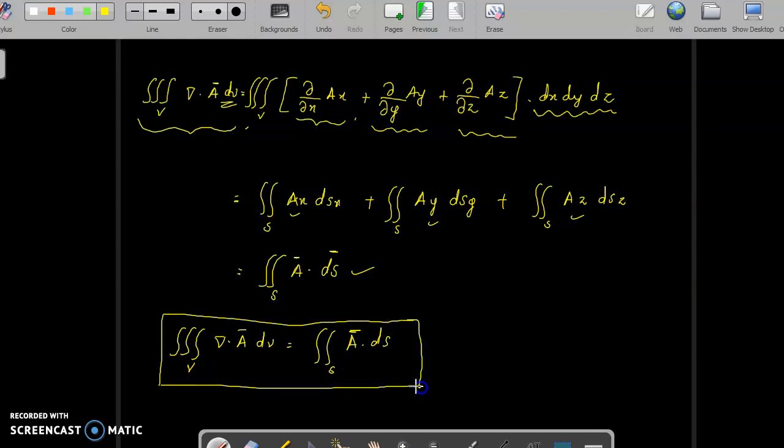This is a very important theorem in electromagnetics. This theorem is very important to convert a volume integral of a divergence of a vector into a surface integral. So for conversion of a volume integral to a surface integral or vice versa, we can apply this theorem.